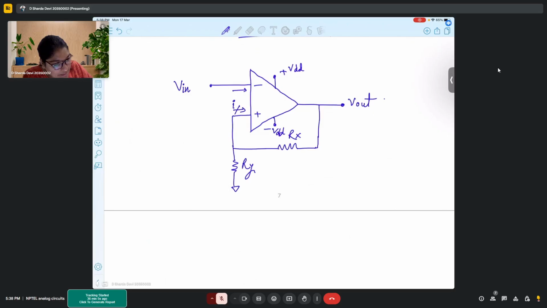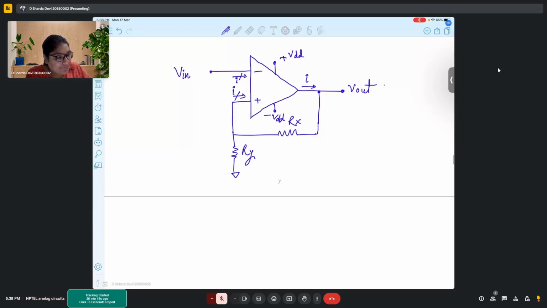There is no current going inside our op-amp, but definitely we will have some current coming out of the op-amp, right? Now, if at this point I have V out, and at my negative terminal I have the input, somewhere I need to have a reference.